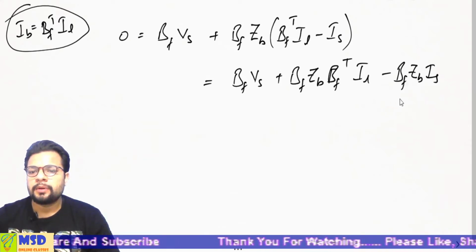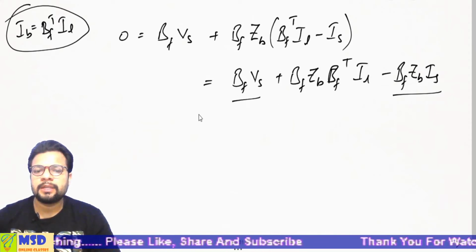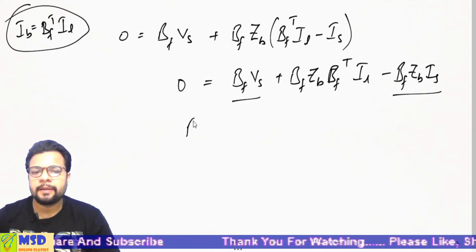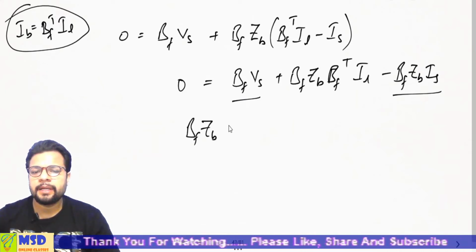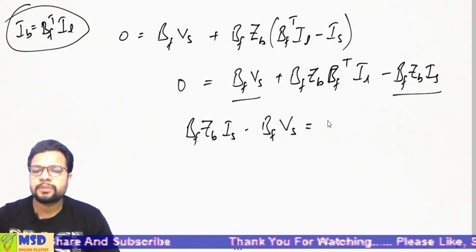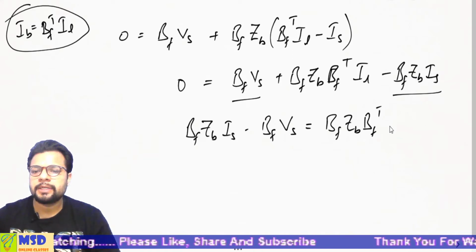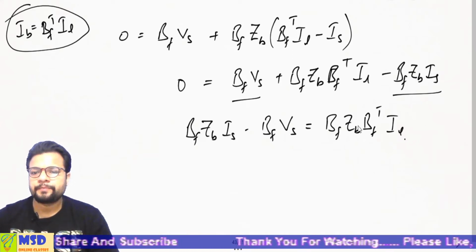Now let me take these two terms on the left hand side. I'll get BF ZB into Is minus BF into Vs equals to BF ZB BF transpose into IL.